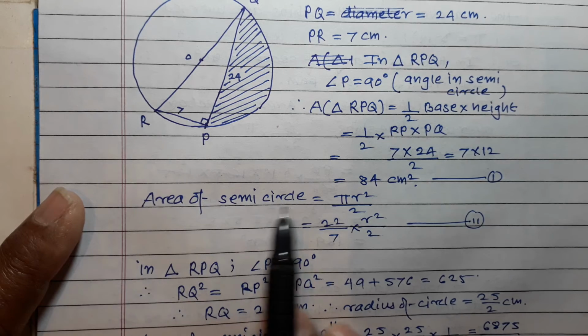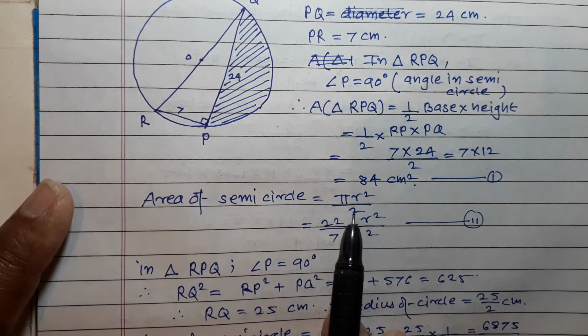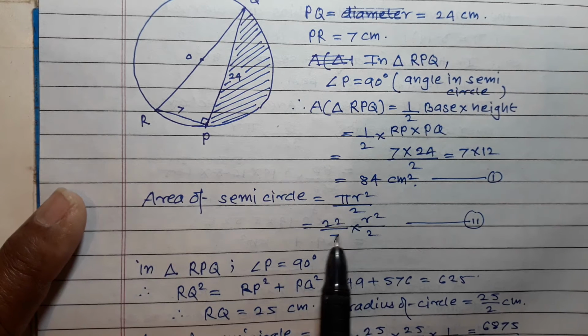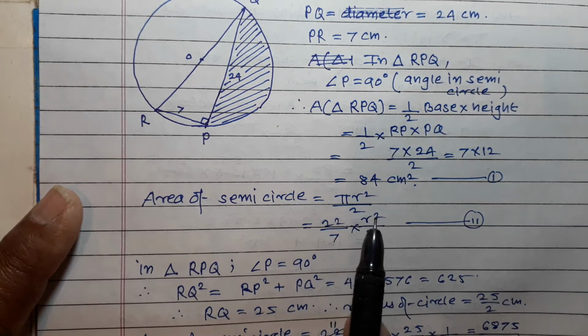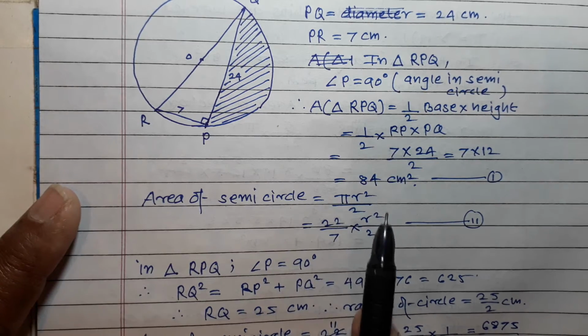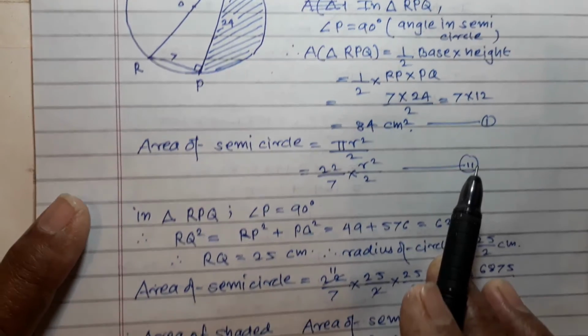Now area of semicircle is equal to pi r square upon 2, so it is equal to 22 upon 7 into r square upon 2. And statement number 2.